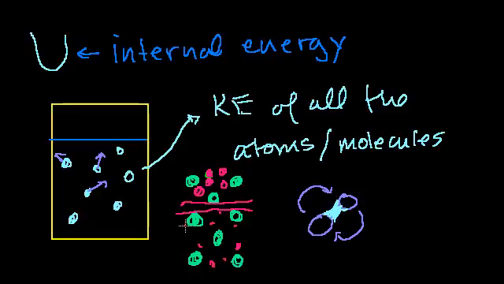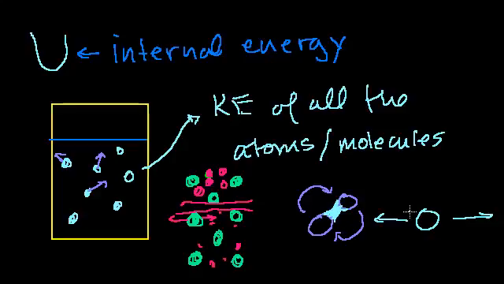It also includes literally every form of energy that exists here. For example, in a metal, if we were to heat this metal up, the atoms start vibrating, moving left and right or up or down or in every possible direction. If you think about an atom that's vibrating, it goes from here to there and back and forth.